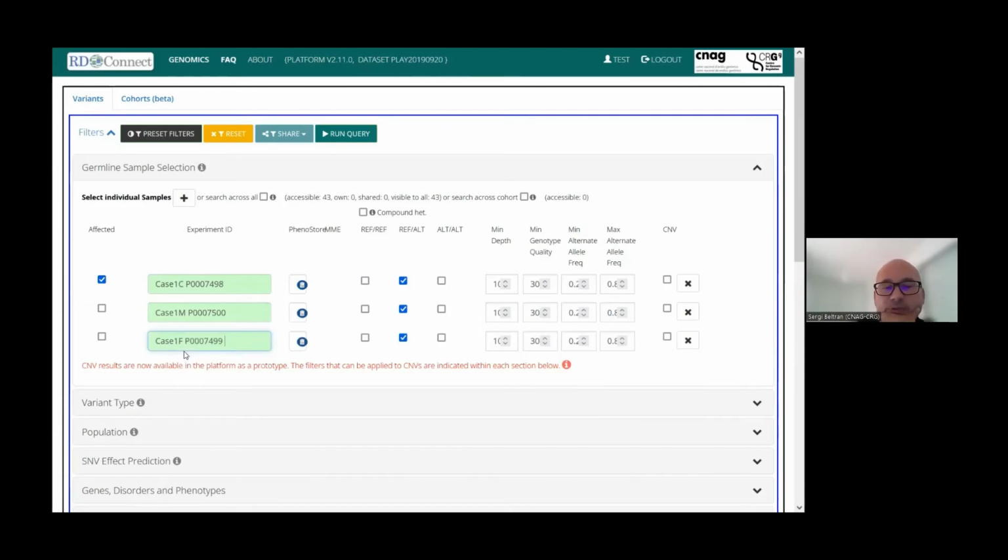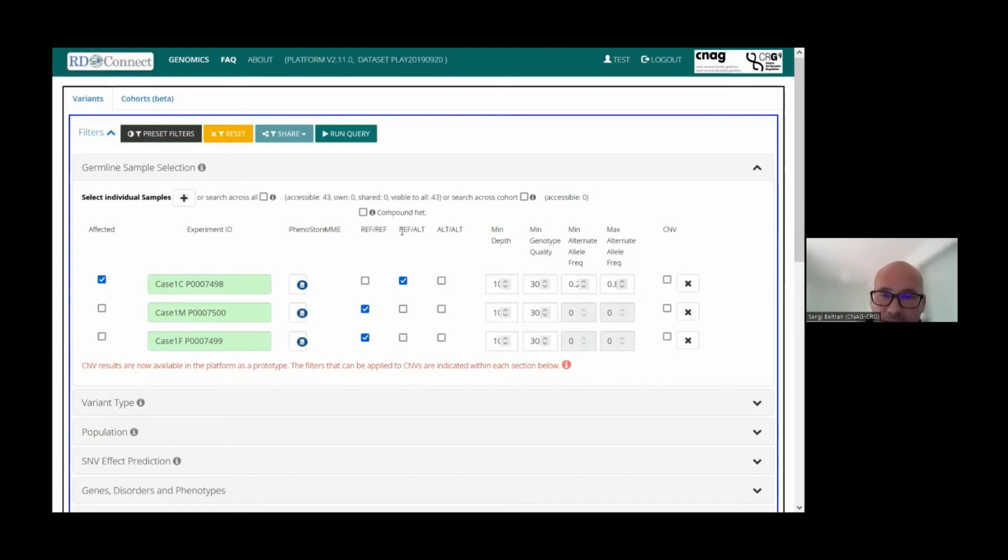We said that we would try the de novo mutation. So we're going to be looking at variants which are reference-alternative in the case, the affected individual, but are reference in the mother and the father. That's why I'm selecting this.